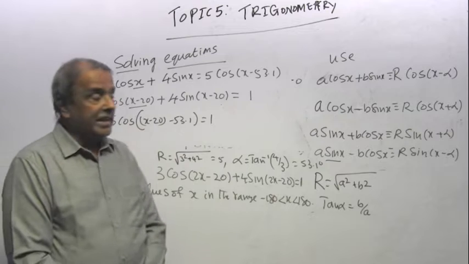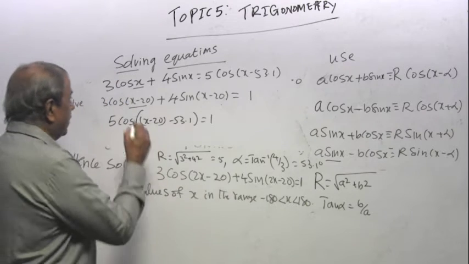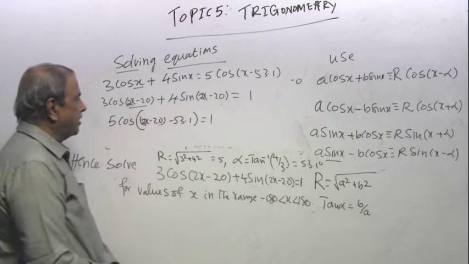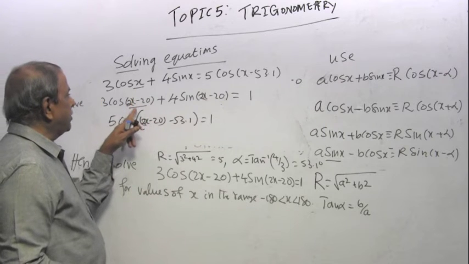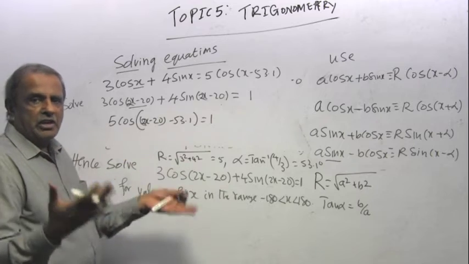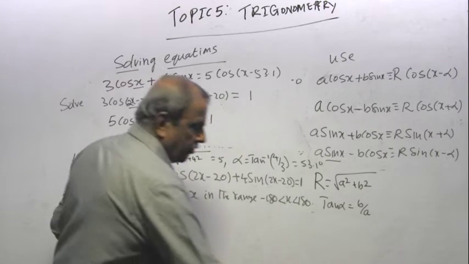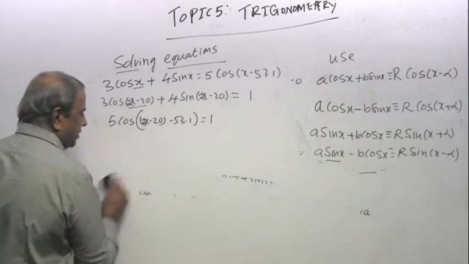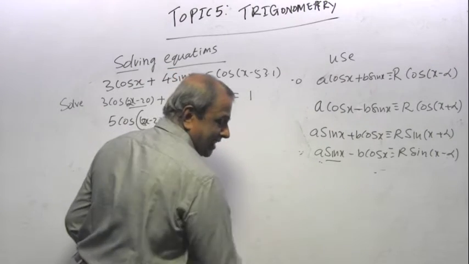You understand that? It doesn't matter what you have here. I think it was 2x. Okay. 2x minus 20. In other words, x is replaced by 2x minus 20. That's all. Otherwise, the format, the signs, the functions are all the same. So therefore, I can now rewrite this as, don't worry, you'll get this in the handout anyway.